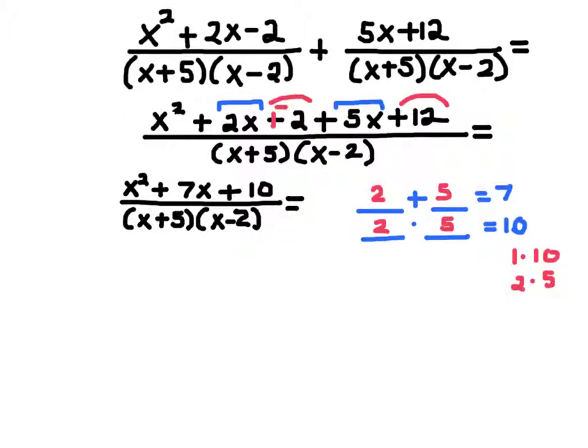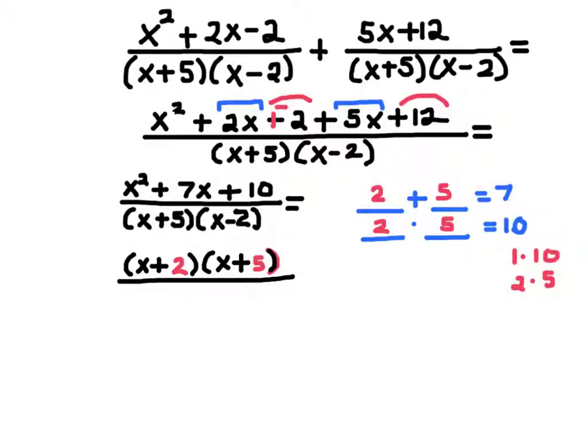So the numerator factors into x plus 2, that's our m and n, times x plus the 5 from our n. And here we can see what's going on here. I hope you can. Look at the denominator.